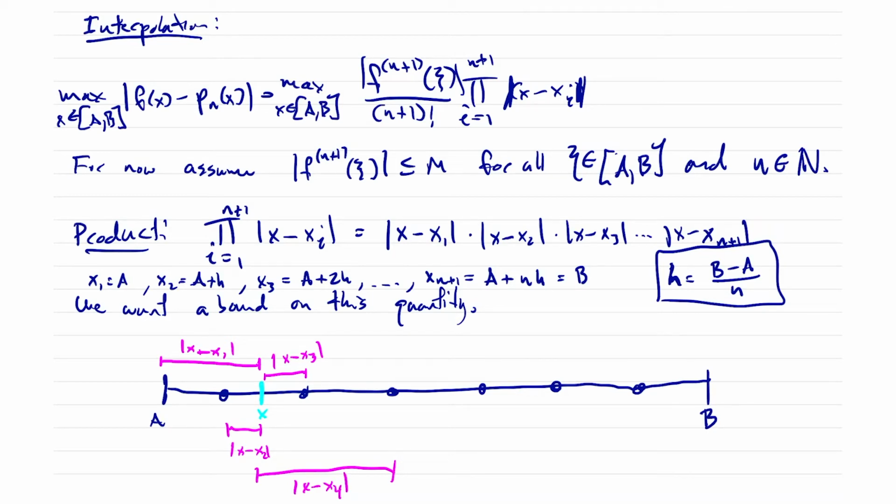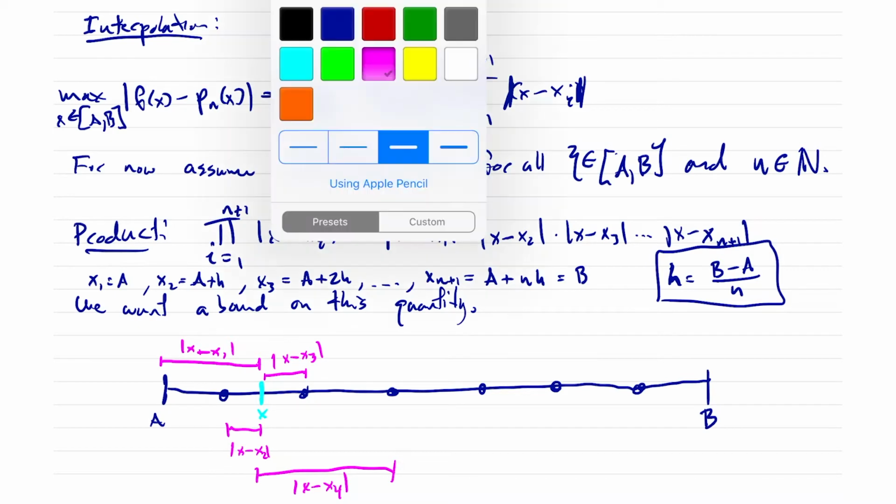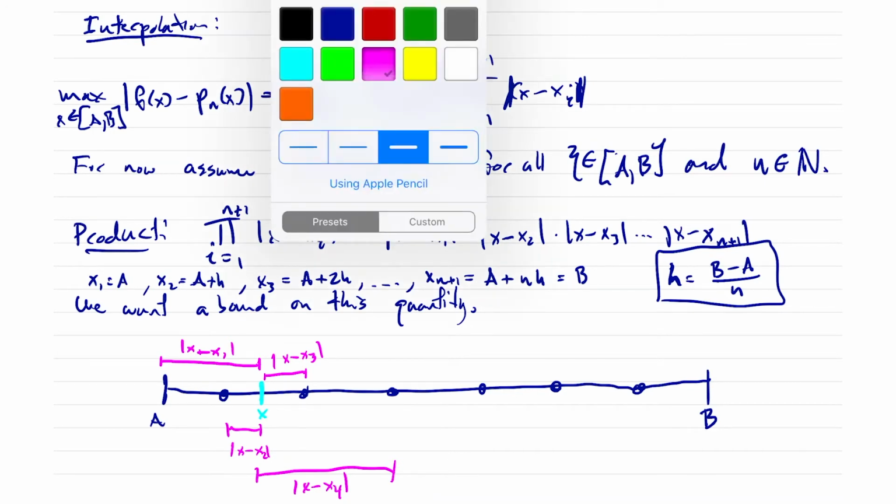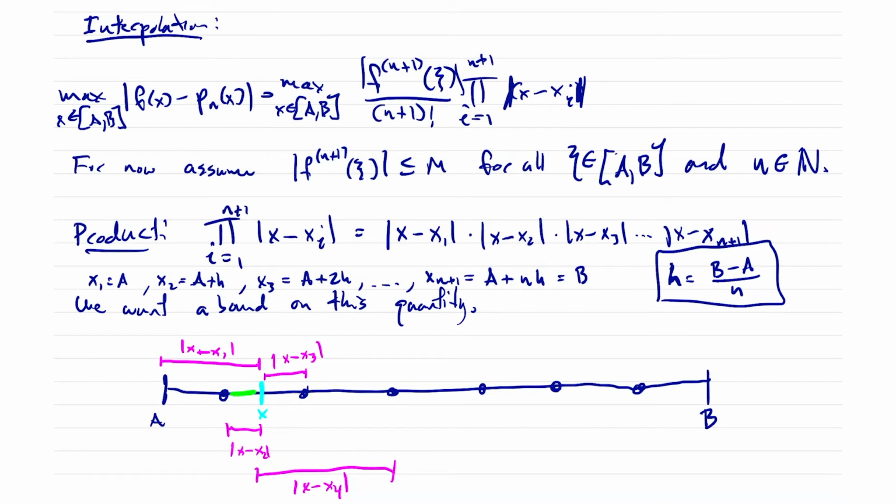Okay, so what we want to do is take all these and get an upper bound on each one of them. So if I take a look at this particular x, I see that this distance here is less than h, because this is h. If I replace this term here by h, it's actually going to be bigger. And if I replace this term with 2h, still going to get bigger.